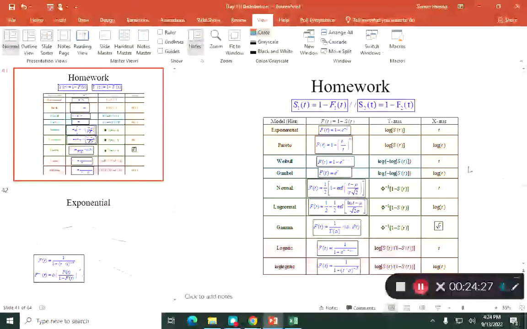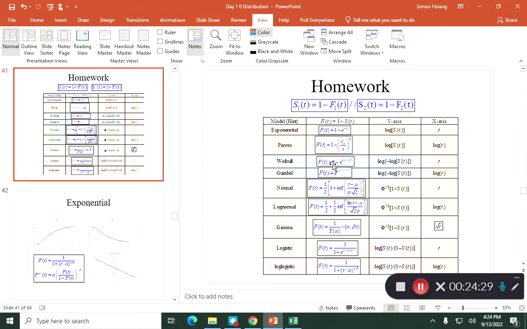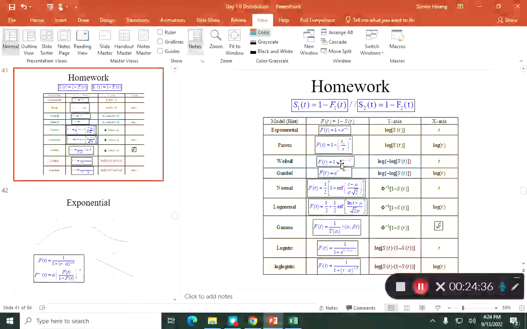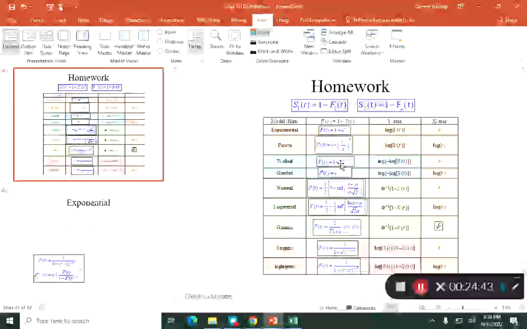So exponential is a special case of Weibull. When the shape parameter equals 1 in Weibull, it's exponential distribution. Okay? Even if you didn't take my class, say you only have ARENA or you only have OR1 or OR2, you should know this. Okay?